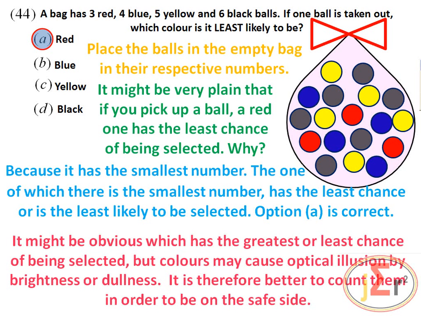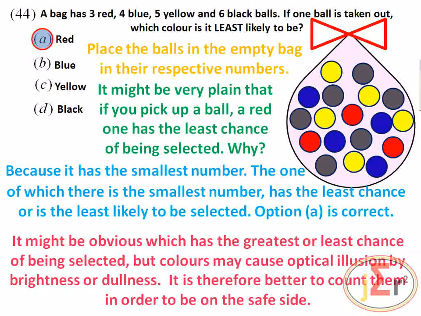However, in fear that we might have an optical illusion, because if some of the colors are bright or some of the colors are dull, the brighter colors might appear to be more or greater because they are more obvious, and the duller ones appear to be less likely because they are dull, so they appear to be smaller in number.